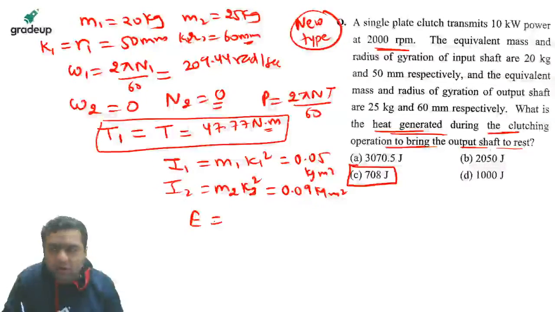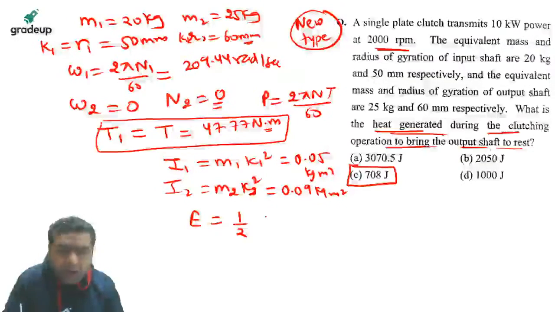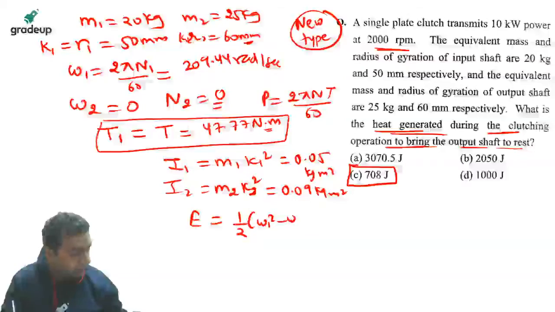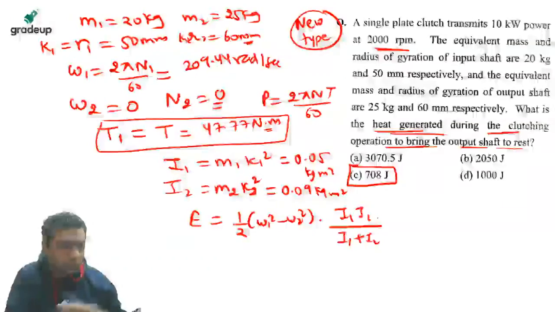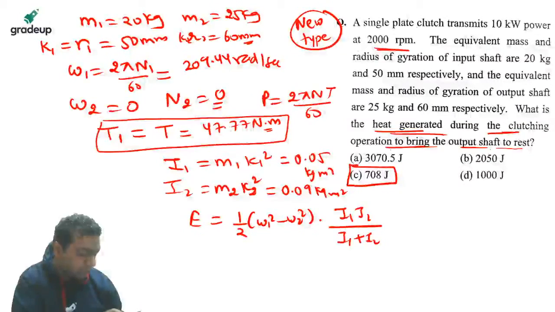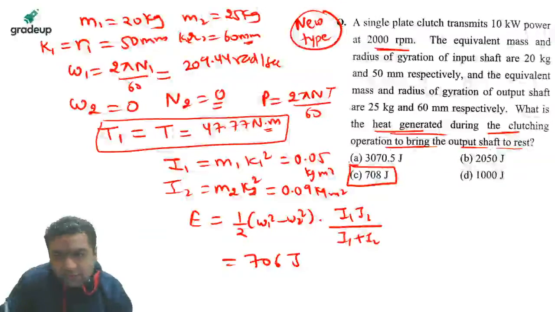And when you calculate the energy, that is the heat loss, it will be half, omega 1 square minus omega 2 square, into I1 I2 by I1 plus I2. Yes, and when you put these values in, you will get it to be 706 joules. So the answer will be C.